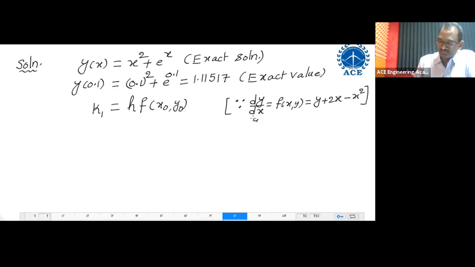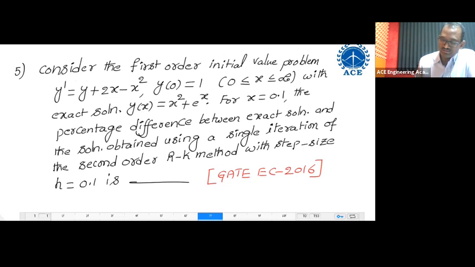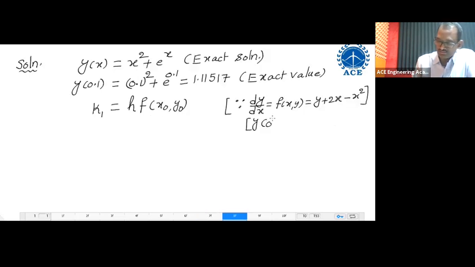And we were given the initial condition also, that is y of 0 is equal to 1. Means the y value at x0 should be y0.